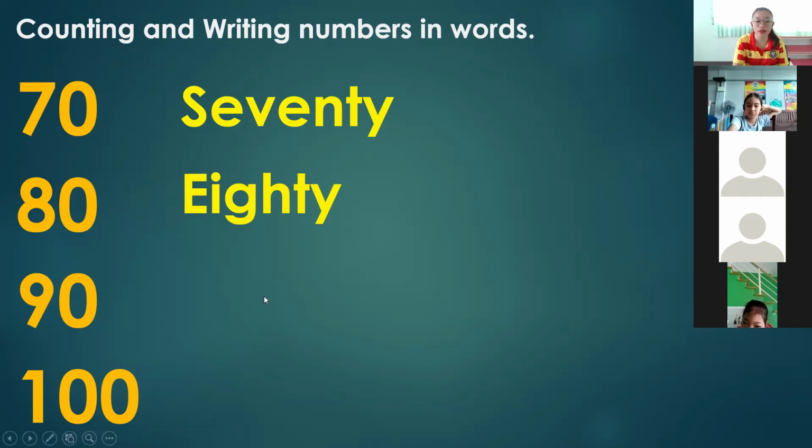EIGHTY. Okay, so that's how we spell 80. Very good. How about 90? How do we spell 90? NINETY. Okay, very good.